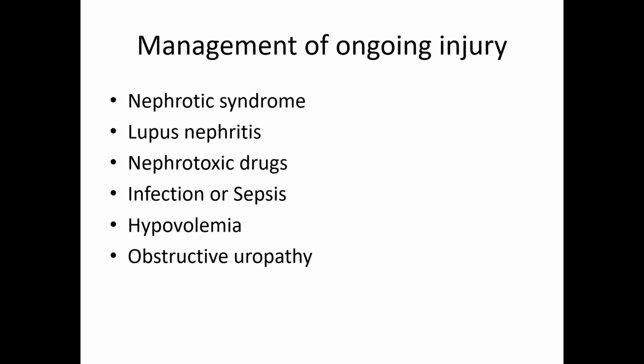So if we recognize the acute kidney insult and treat it well, you may reduce the progression of the disease. If the patient has underlying obstructive uropathy, take the help of the surgeon or the urologist to relieve the problem.